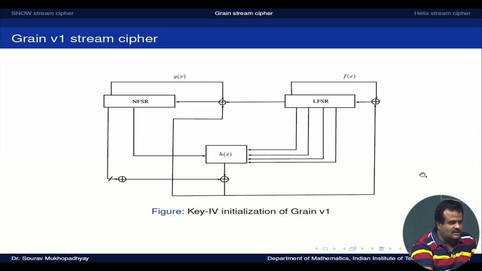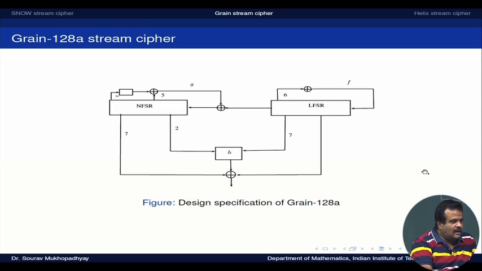So this is the key generation step, and now this is another version of the Grain, which is called Grain-128A.